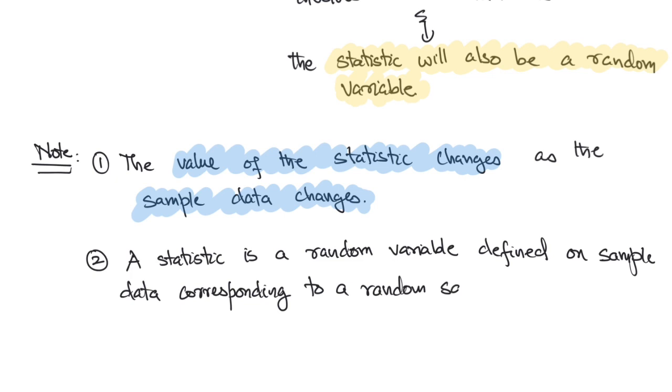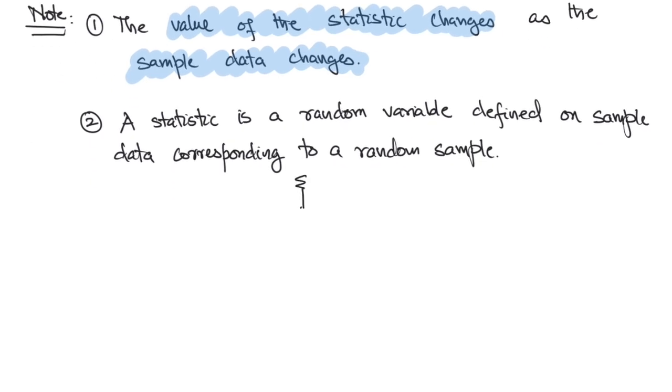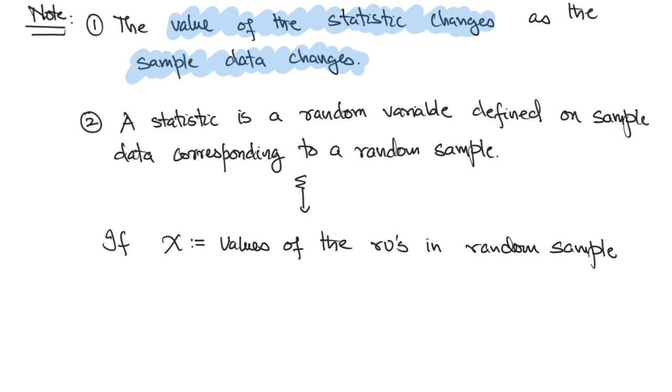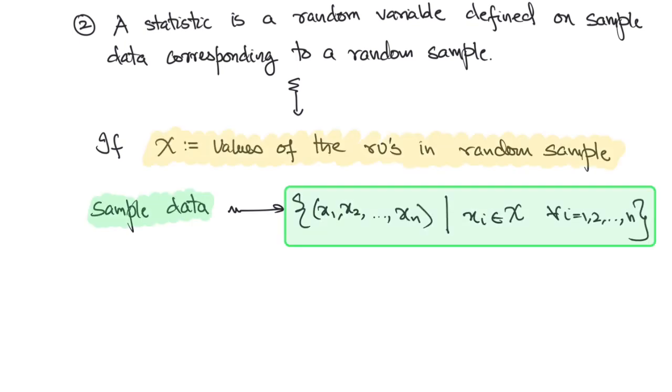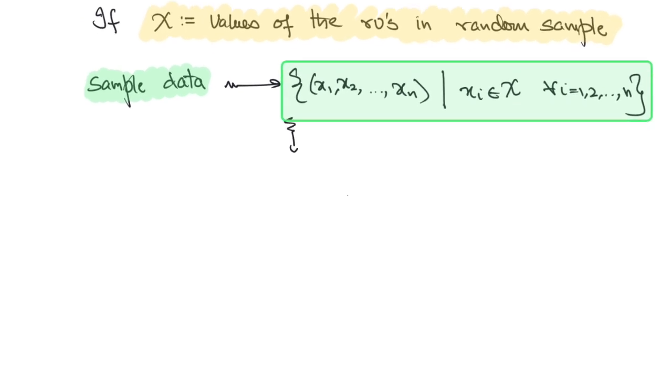It means that if script x were to be the set of values of the random variables inside the random sample, the sample data is going to consist of n tuples x1, x2 up through xn, where xi belongs to script x for all values of i between 1 through n.